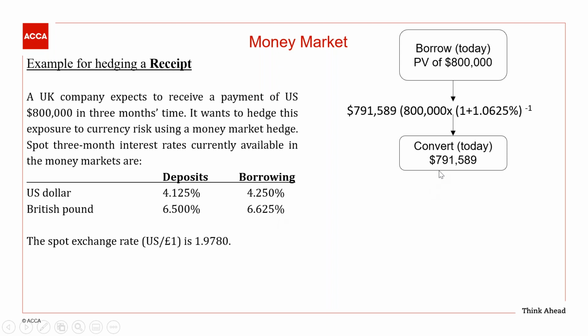When you are converting a currency into another currency other than the one in which the rate is quoted, then you have to divide with the rate. And if you are converting the amount into the same currency in which the rate is quoted, then you have to multiply. So here we have to divide 791,589 by 1.9780. So we will get 400,000 pounds sterling.